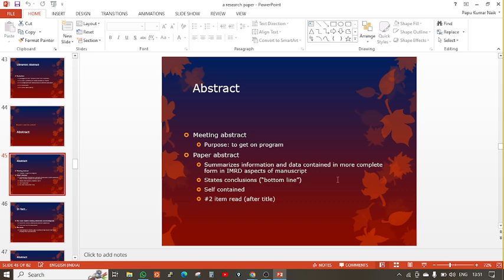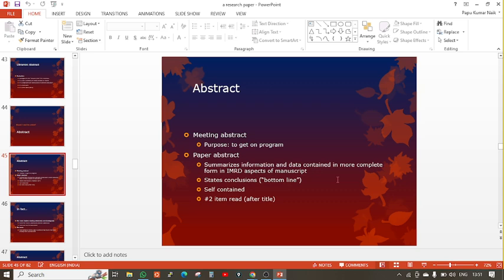For paper writing, a paper abstract will summarize the information of the data in a more complete form, that is, the IMRAD aspects of your manuscript. That means whatever you have written in detail in IMRAD, from introduction to methods, results, discussion, and conclusion, all the information can be summarized in short form in the abstract.